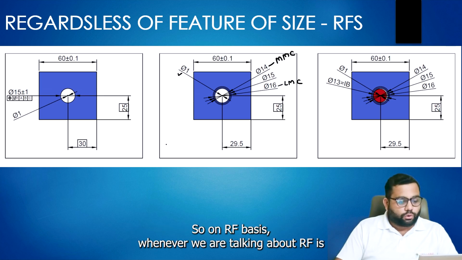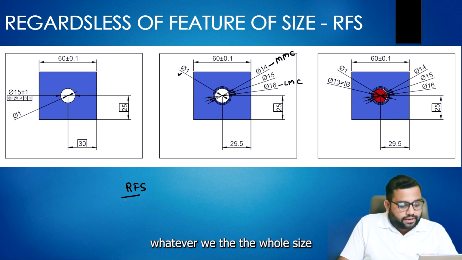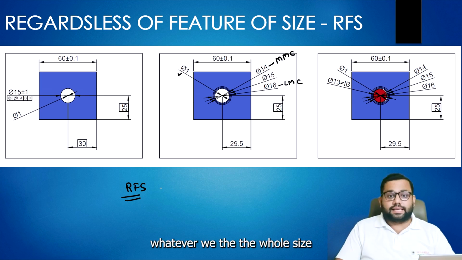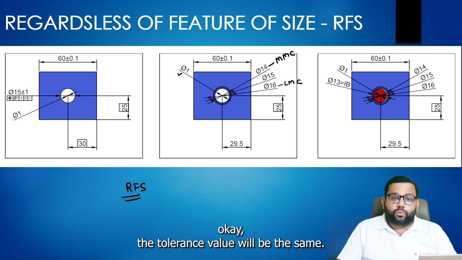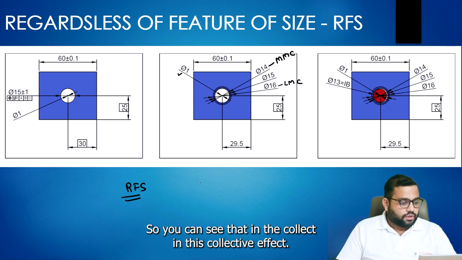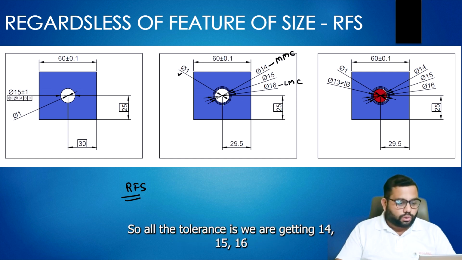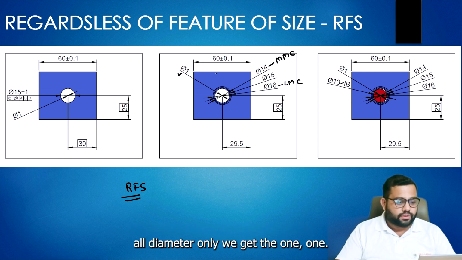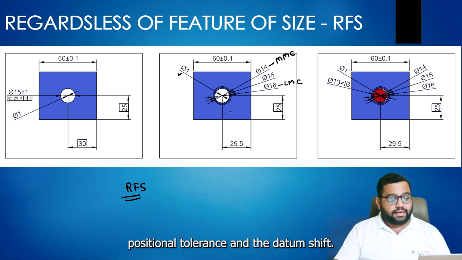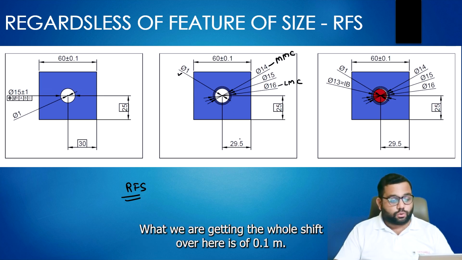So on an RFS basis, whatever the hole size, the tolerance value will be the same. You can see in this collective effect that for all the diameters, 14, 15 and 16, we get only the one positional tolerance of 1 mm.